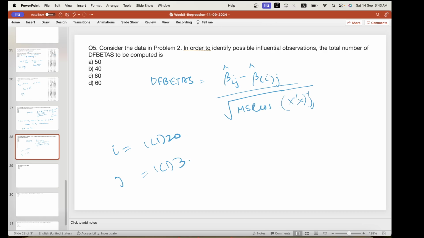1 to 3. Why? Because these are beta naught, beta 1 and beta 2.